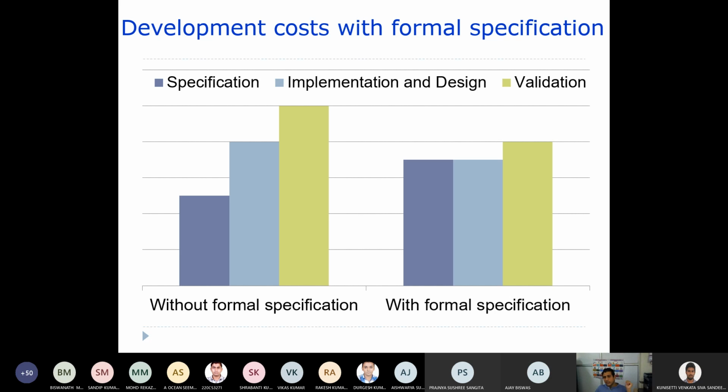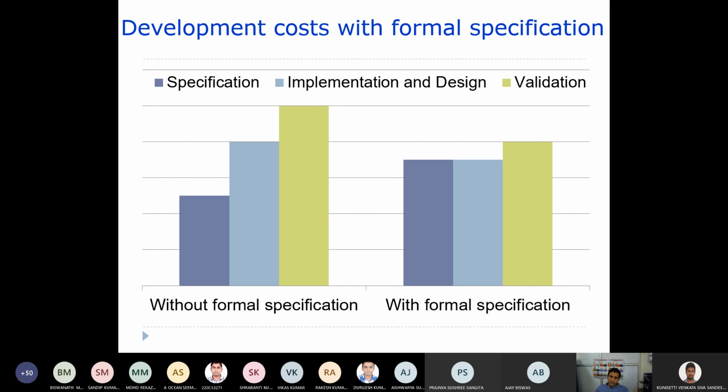The second one is implementation and design, and the third one is validation, and usually the validation phase takes more cost. Similarly, implementation and design requires more cost than the specification.